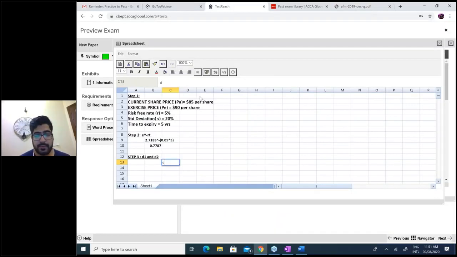So let's find D1 first. It's ln PA. What is PA? 85 over PE 90. Bracket close. Plus R, which is 0.05, plus S square.